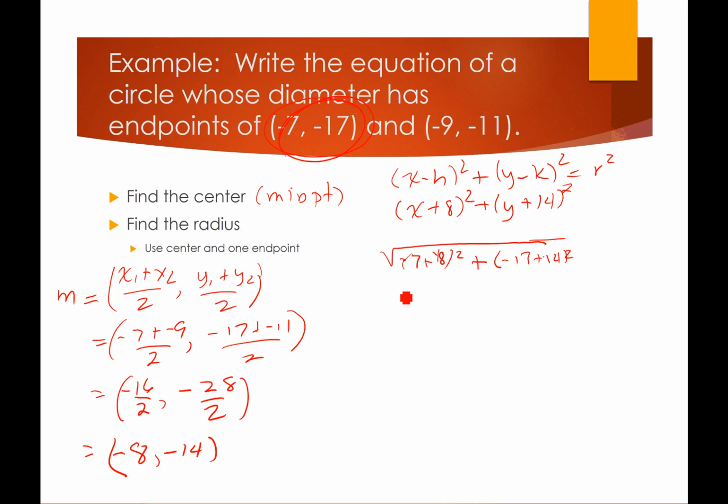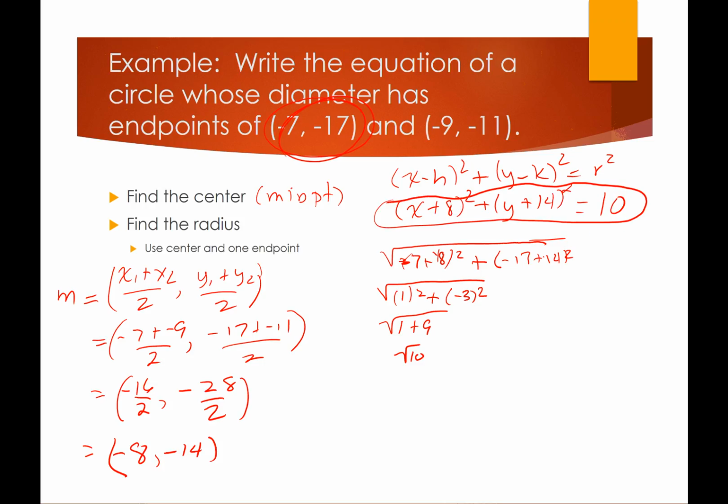So negative 7 plus 8 is going to be 1 squared, plus negative 17 plus 14 is going to be negative 3 squared. So I'm going to get 1 plus 9, or the square root of 10. If I square that, I just get 10. So there's the equation of my circle with those conditions.